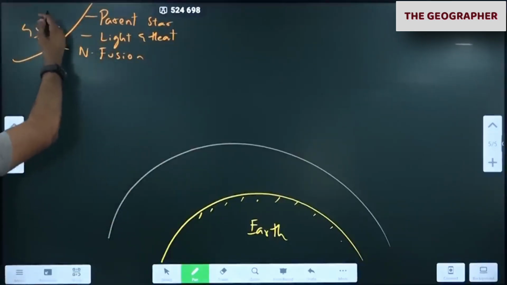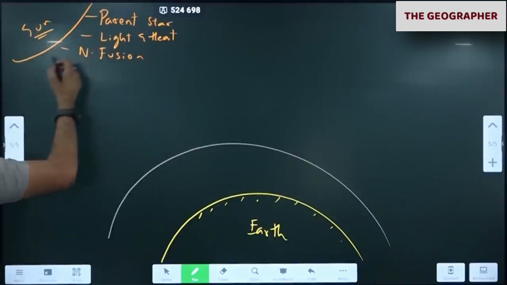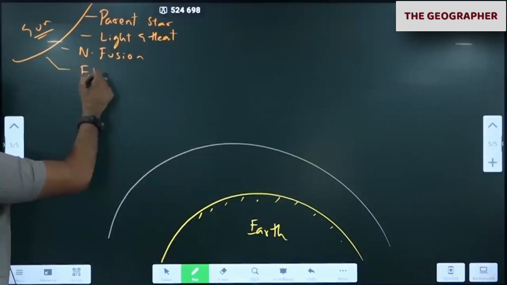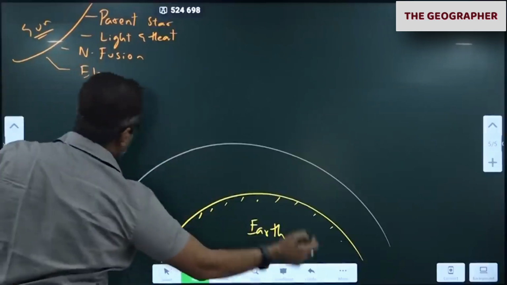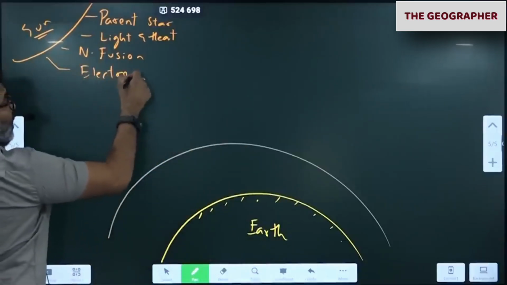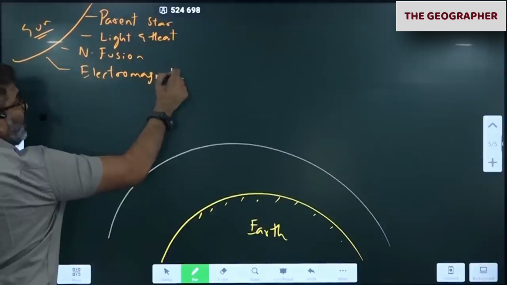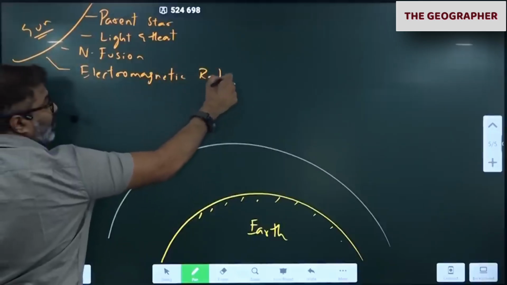Because of this nuclear fusion, a tremendous amount of energy is released, and that energy comes out in the form of electromagnetic radiation.